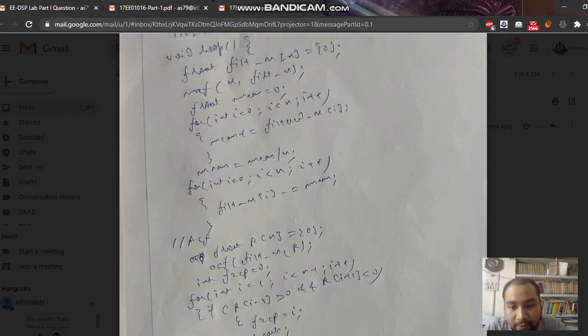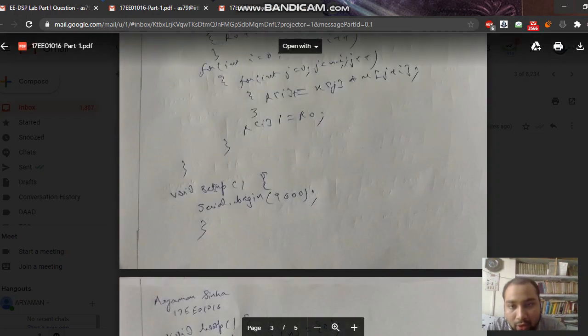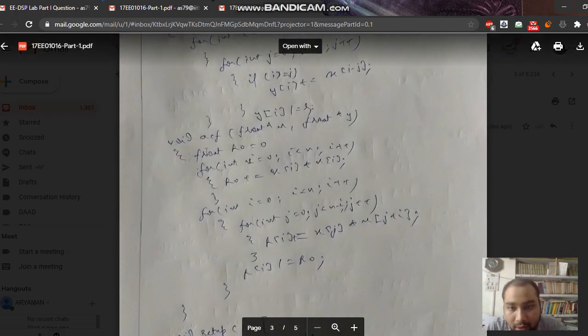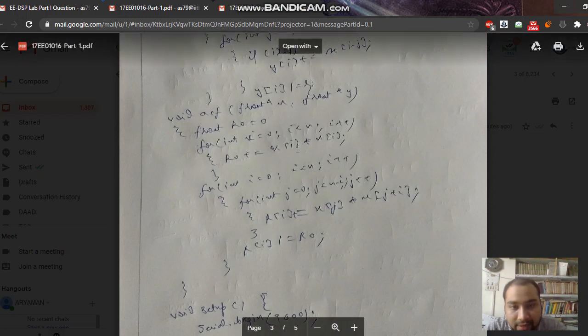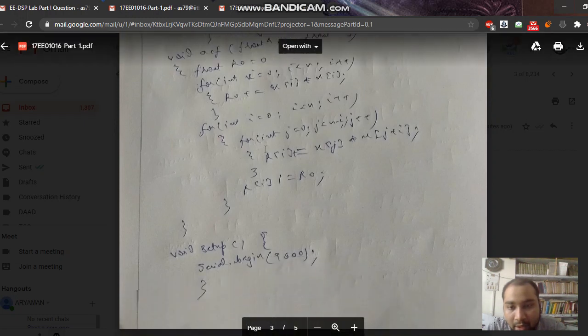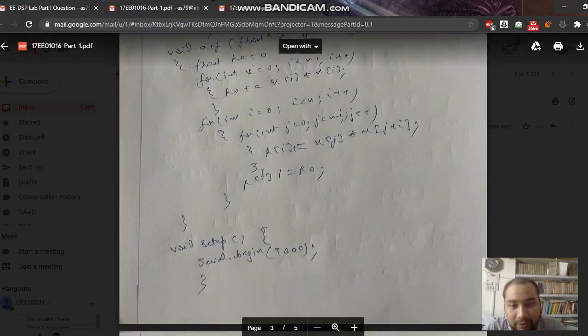Then we take that filtered output and mean normalize it, so that it will be easy to calculate the autocorrelation function. In the autocorrelation function, we have to calculate R0, the energy, which is x times x, summed from i equals 1 to n in the for loop. After that we find the normalized autocorrelation function, divided by the R0 we have calculated above.